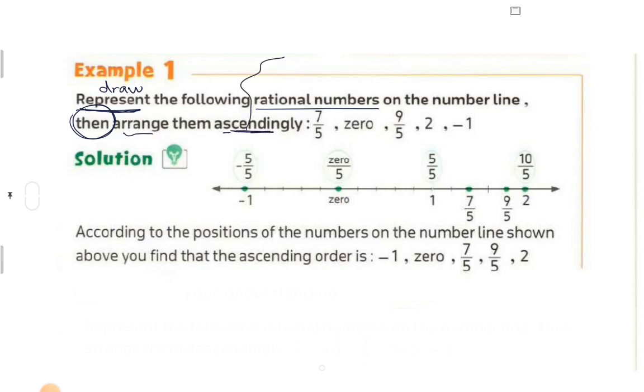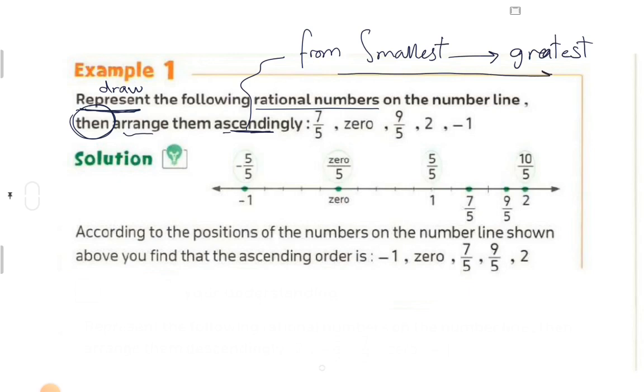Ascendingly means we start from the smallest to the greatest, that is from left to right on the number line.